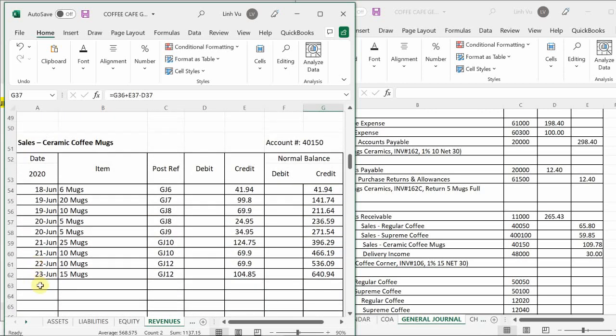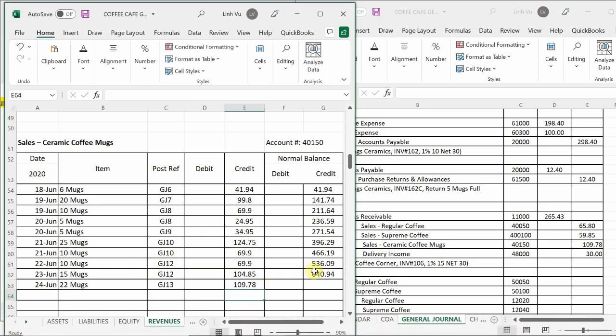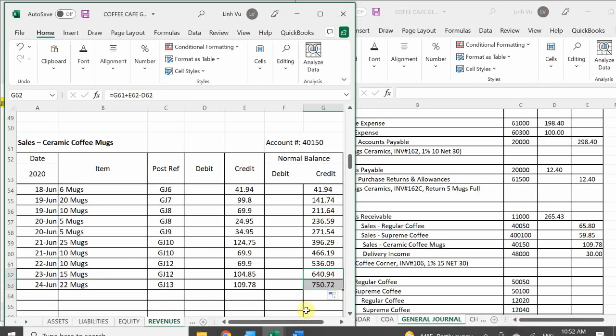Ceramic coffee mugs. Sorry, Jewel. Yeah, that's right, 22 mugs, for a total of 109.78, bringing my account balance to 750.72. Good.